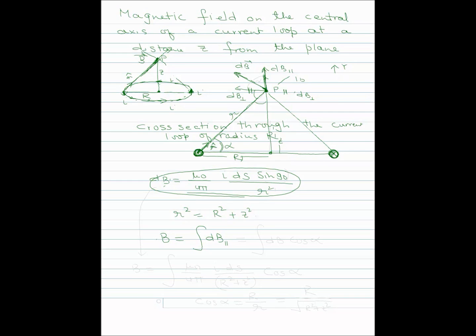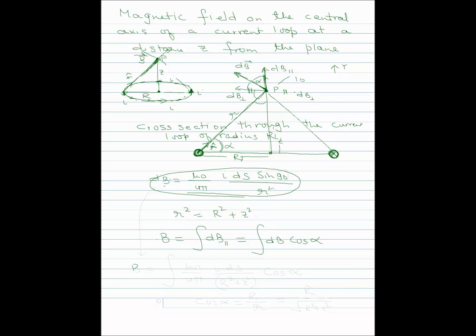That means this angle is alpha. That means from this right angle triangle, this is 90 minus alpha, and that means from this right angle triangle, this angle is alpha. And if that angle is alpha, then dB parallel is nothing but dB cosine alpha.